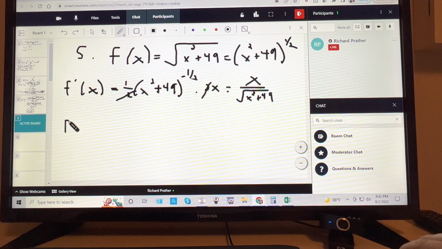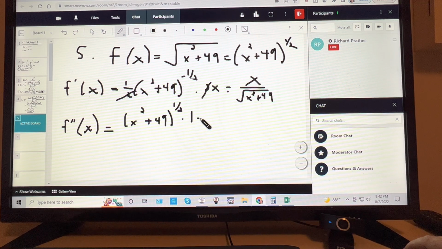So then the second derivative is the second, and let me write it with a 1/2, second times the derivative of the first, which would just be 1, minus the first, and the derivative of the second is literally what we did right here.